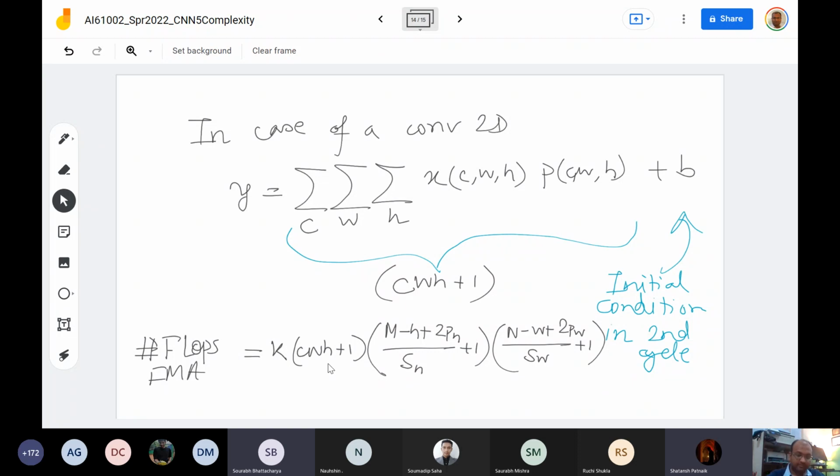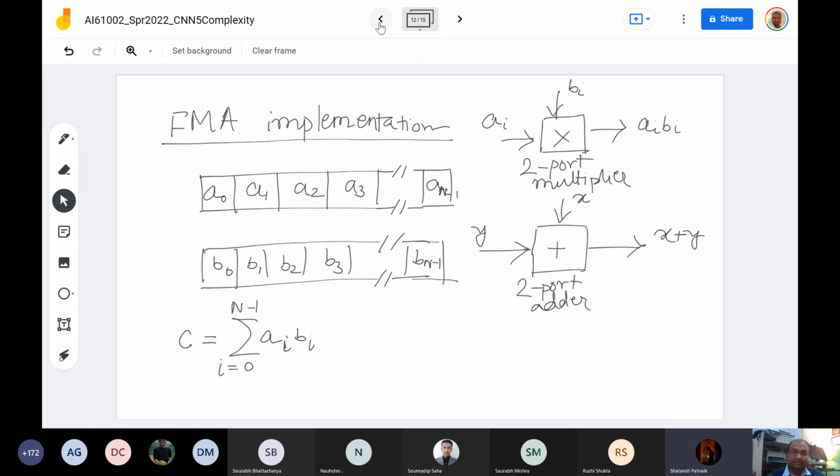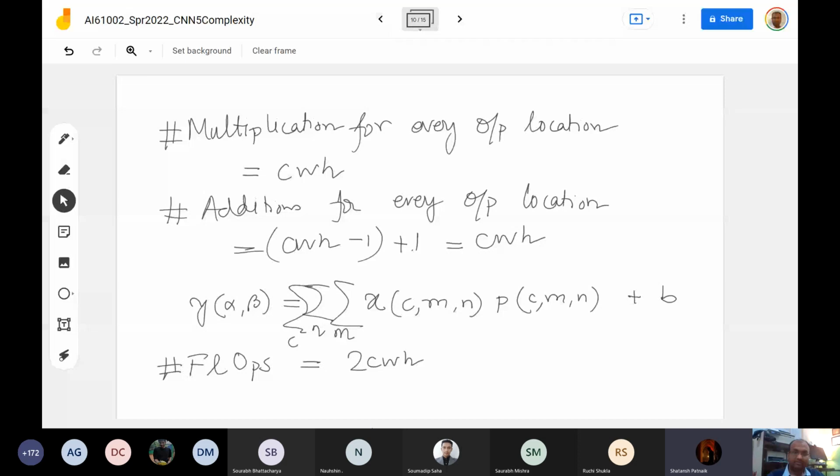I'm confused. So see, in case of using an FMA to implement this convolution 2D, how much are we writing? I am needing CWH plus 1 number of cycles. Earlier, if I never had this FMA, then how many cycles was I needing to finish it off? I was needing 2 CWH number of cycles.